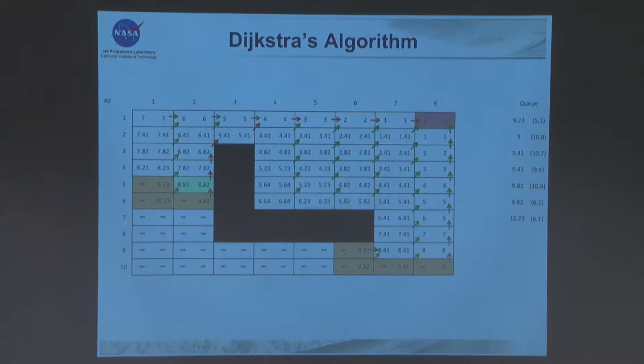Once your initial vertex is expanded, you can reconstruct your optimal path by just following these arrows, and the algorithm terminates. It will tell you the optimal path from this guy to this one is represented by these red arrows. So this is the basic idea of a graph search algorithm.